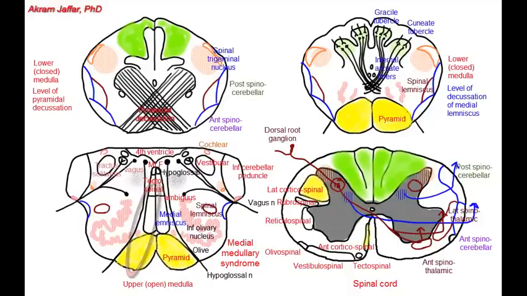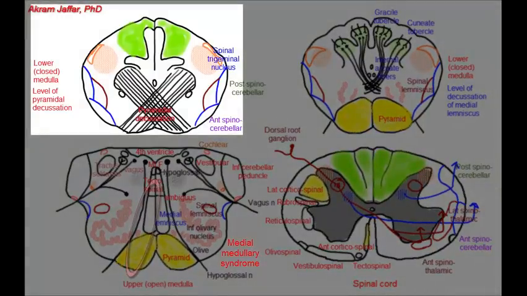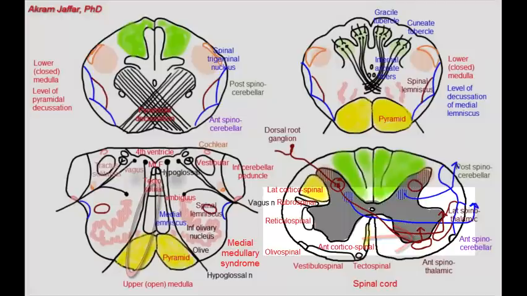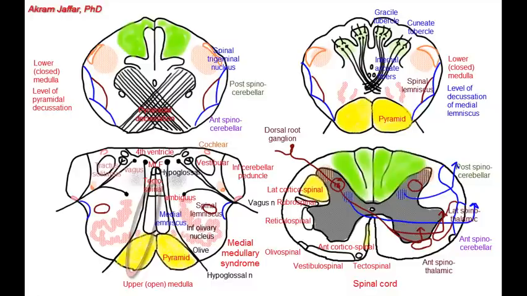It results from thrombosis of the medullary branch of the vertebral artery, and this will affect the pyramidal tract and result in hemiparesis contralateral to the lesion, because these pyramidal fibers, the corticospinal fibers, are going to decussate later on, either at the medullary decussation, which is located lower down, or, for the fibers that form the anterior corticospinal tract, at segmental levels. So involvement of the pyramid will result in contralateral hemiparesis.